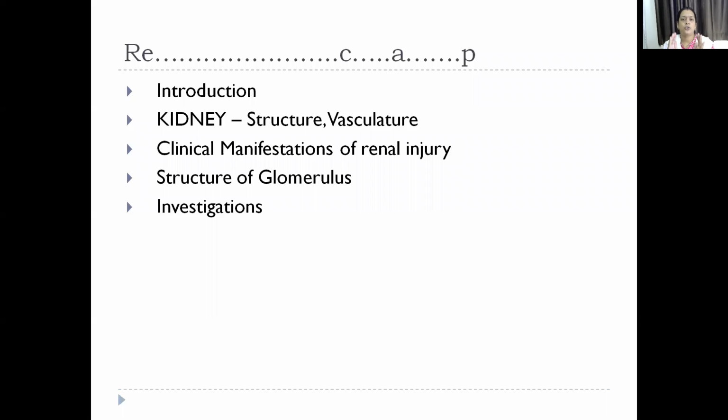So I just told you what are the signs and symptoms, that is azotemia, uremia. There can be asymptomatic hematuria or just mild renal pathology. Then it can be acute, rapidly progressing, or it can be chronic, and these things are a part of renal pathology.